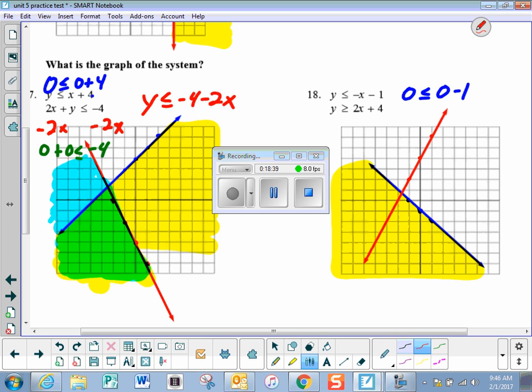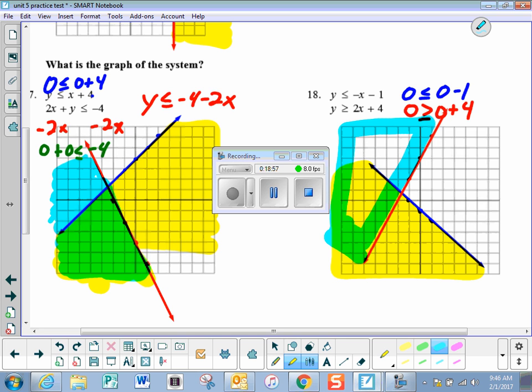Is 0 greater than or equal to 0 plus 4? No, so I also need to shade away from 0, 0. So not this way, but this way. And again, the green region then is the solution.